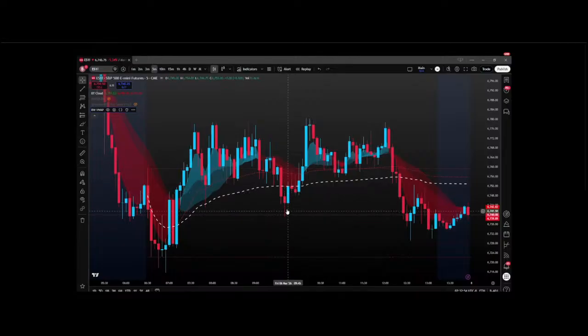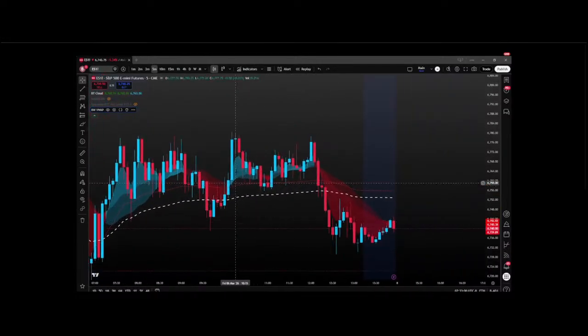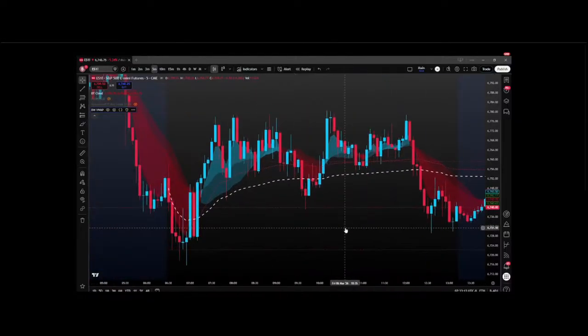But if you bought calls right here, it's also a great time to trim some profits once we break above it and close above it. Then we come down, stay above, and then we broke it again, and we broke both VWAPs. We broke the low of day and the New York VWAP, came below, and dumped at the end.